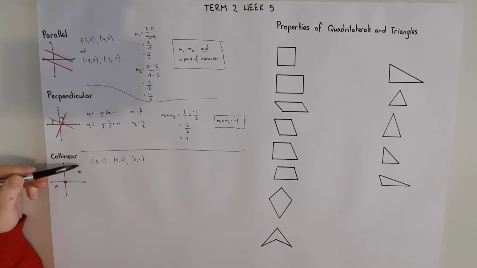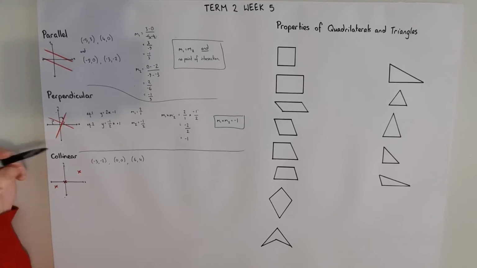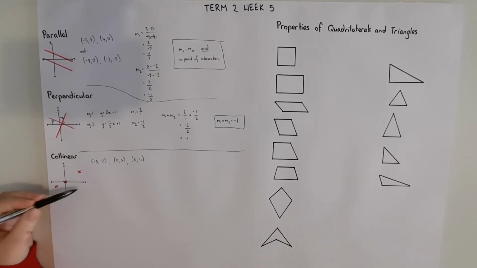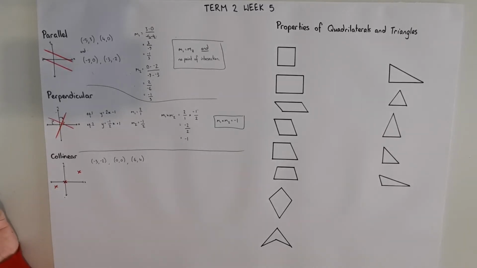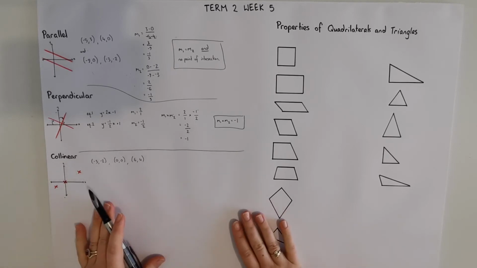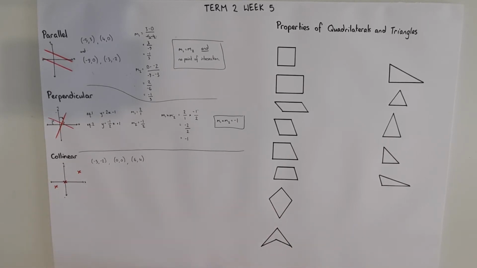For these to be collinear, they would of course need to appear plotted on the same line. Might be easy to see visually if you've drawn it to scale, but in a rough sketch you may not be entirely sure. And bear in mind at level 2 we are asking you for a mathematical explanation. That does not mean you draw it and see something, it means you have a method to the madness.